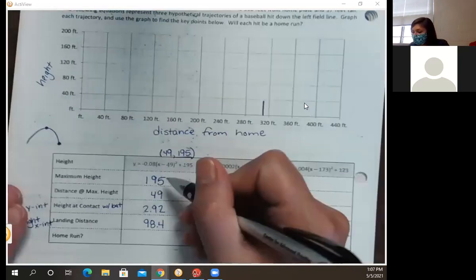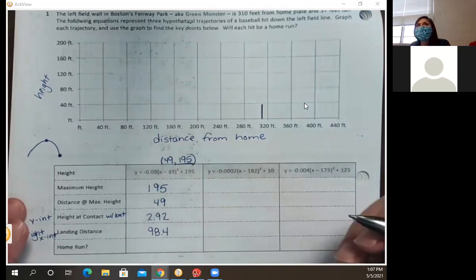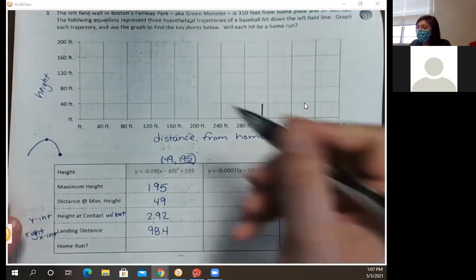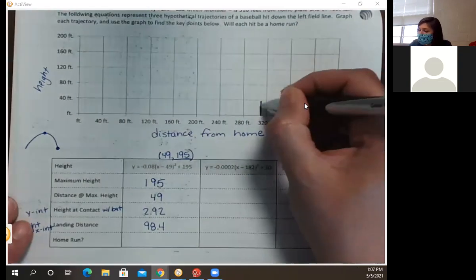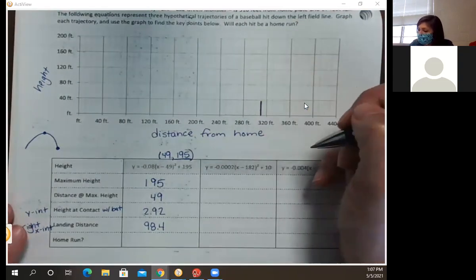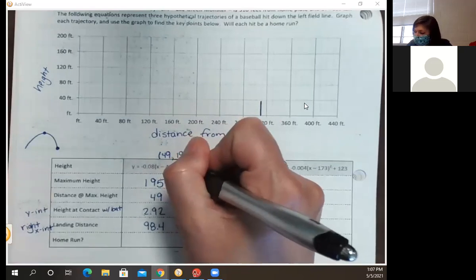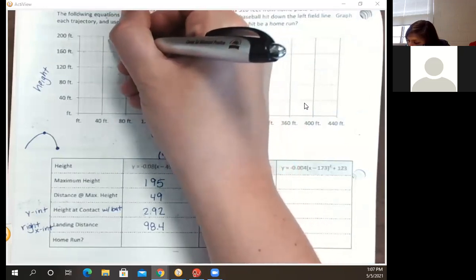And now I've got some key information for this hit. I'm going to go ahead and plot it on my coordinate plane up here that has the wall on it. So I know the vertex at 49, 195. So there's 50s right there, and 195 would be here-ish.